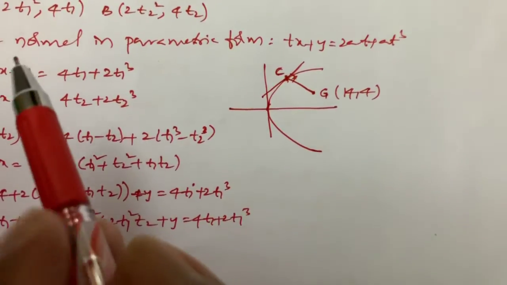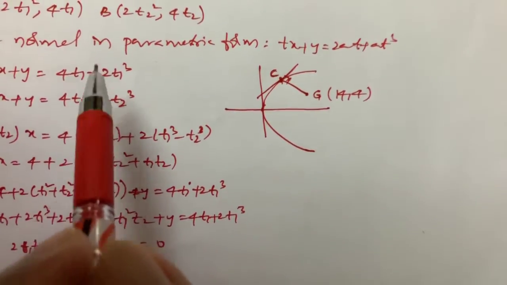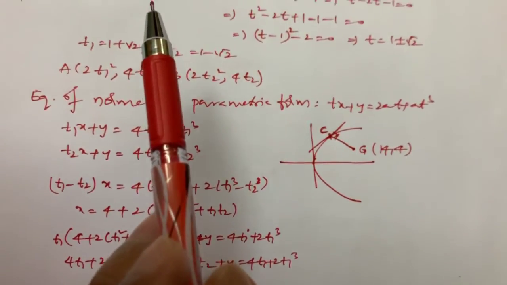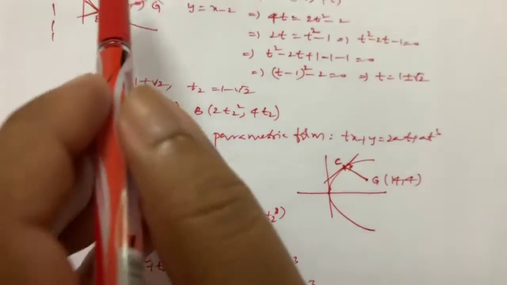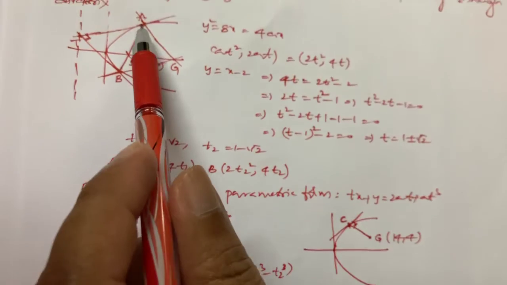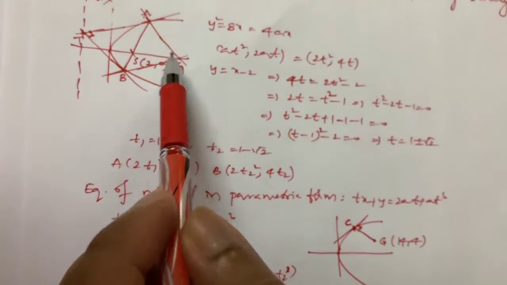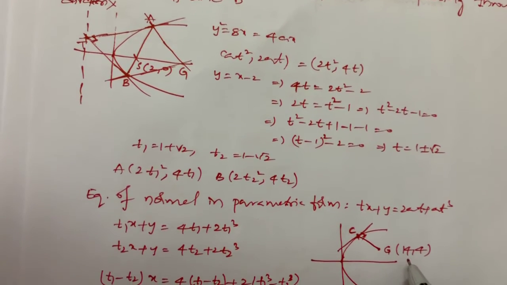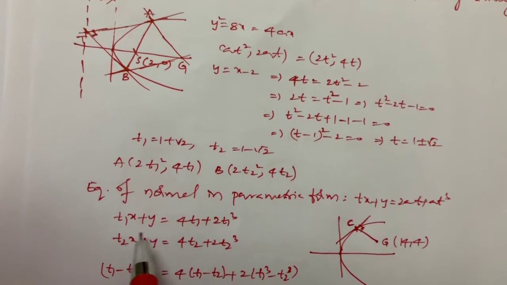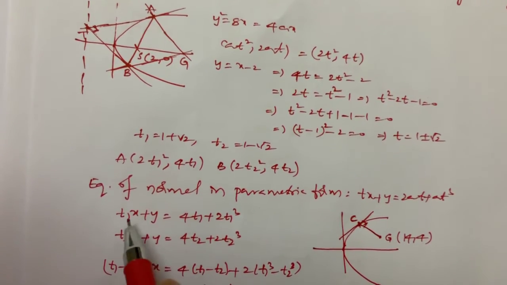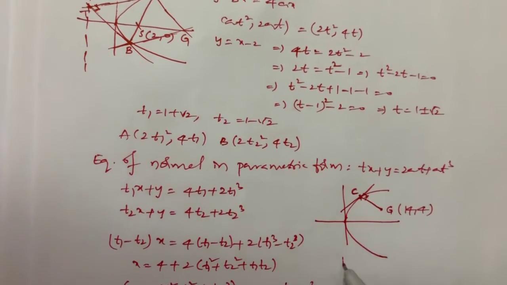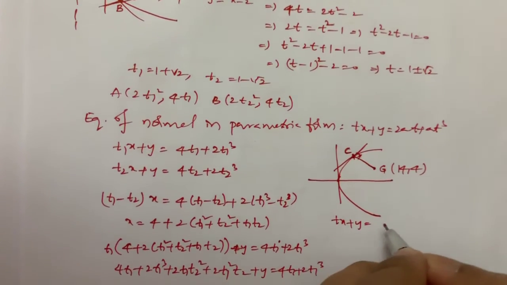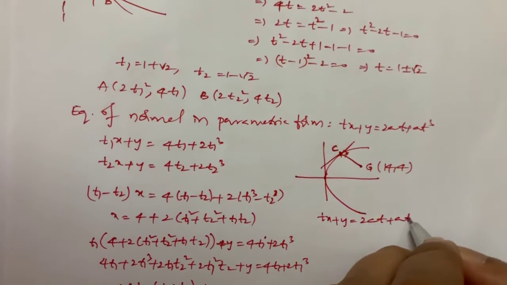Or we can say something like this. The normals drawn to a parabola from three distinct points are concurrent at a point. So let's say I consider G as that concurrent point. From this, the general equation is Tx plus y is equal to 2at plus at cube.